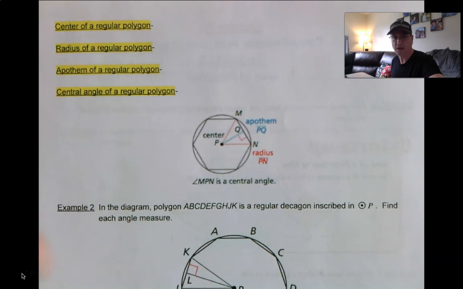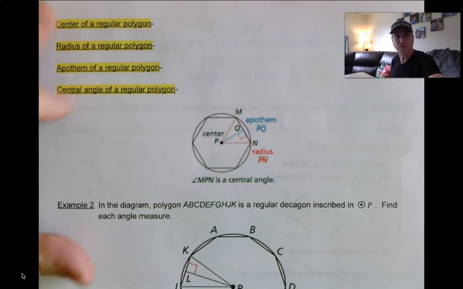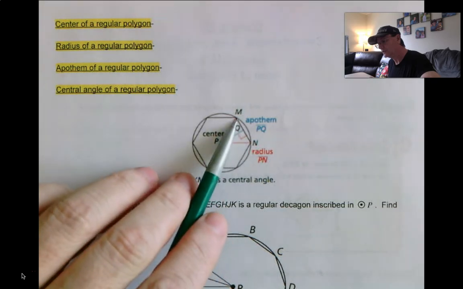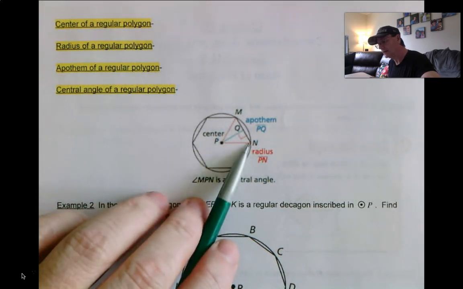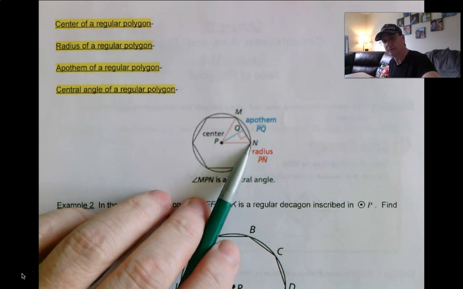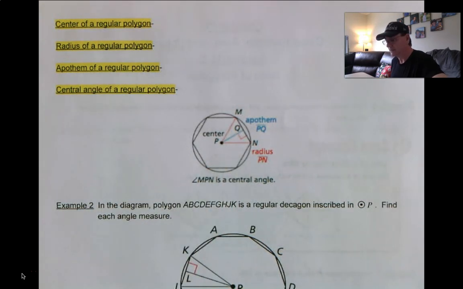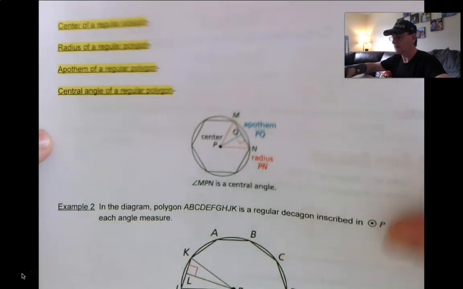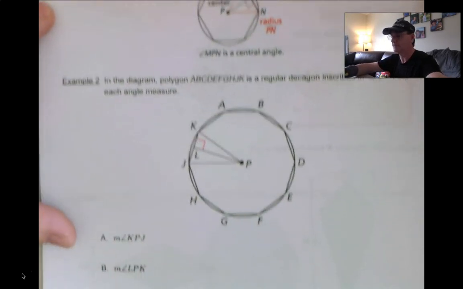I've heard it pronounced apothum, and I've also heard it pronounced apithum. It doesn't matter to me which way you pronounce it, as long as we use it correctly. We also have the central angle of the polygon, which is MPN. So from vertex to center back to a different vertex to the next adjacent vertex is the central angle. And we're going to be using all of those to find different areas in this section.